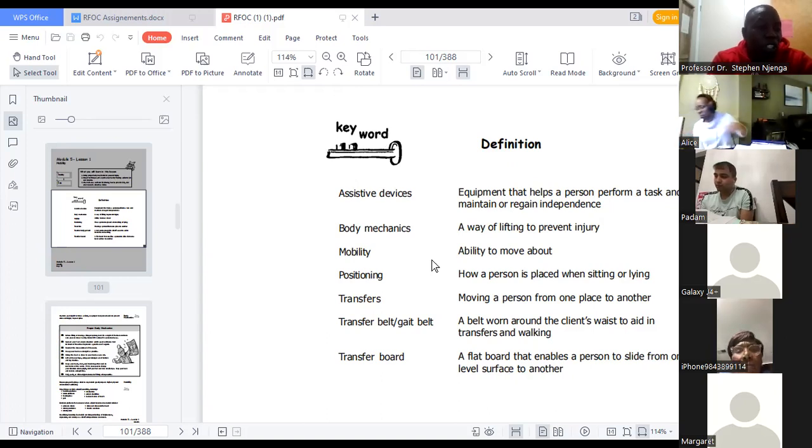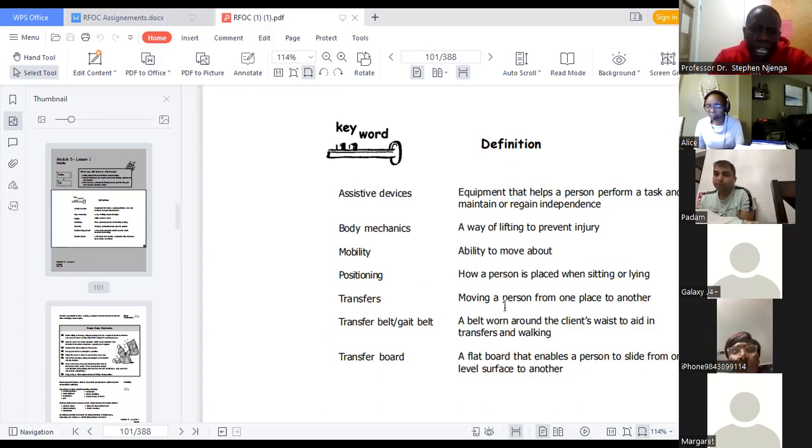The care plan will tell you everything. Follow the care plan. Even if you are given a caregiver who has worked in that home for 20 years or 15 years, make sure you read the care plan. That is what is going to help you.